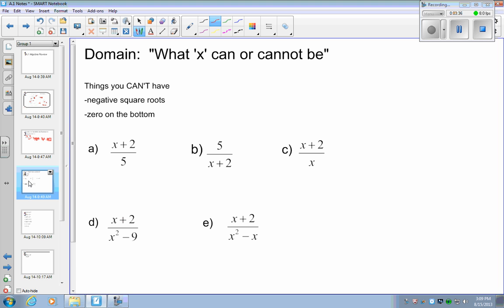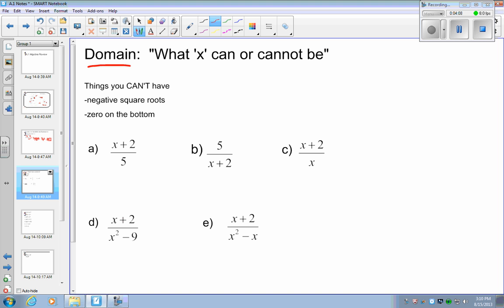Next, this is a topic that you touch on in Algebra 2, but something we're going to hammer a lot in college algebra, and it's this whole idea of domain. Now, it's a difficult concept to grasp, so within this class, like I said, we're going to hit it a lot, so I think it's easier to think of it as this definition: what x can or cannot be, not some fancy mathematical thing that you have to try and interpret.